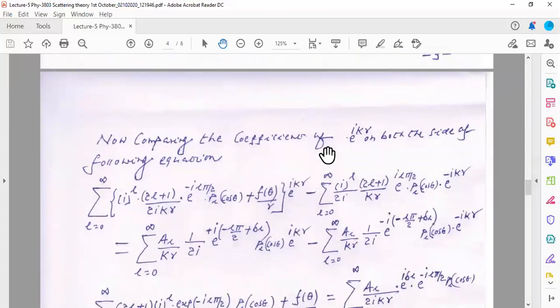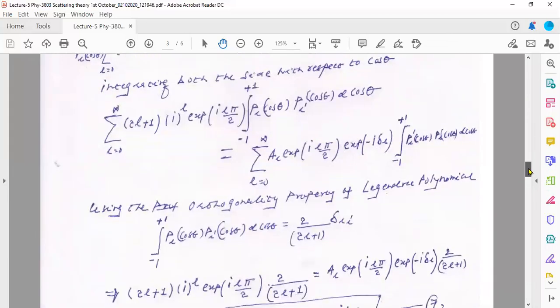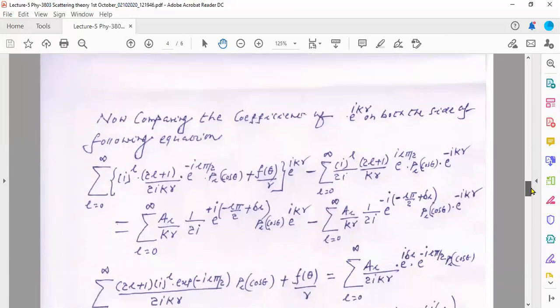Now comparing the coefficient of e to the power of ikr on both sides of the same equation, I am rewriting the same equation which we have derived, so you can understand, because I'm comparing the coefficient of e to the power of ikr.